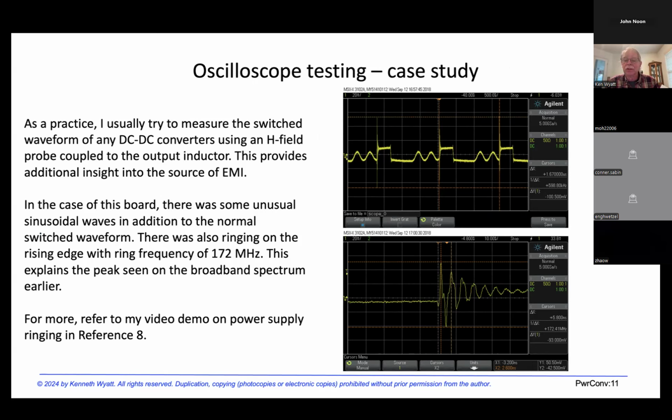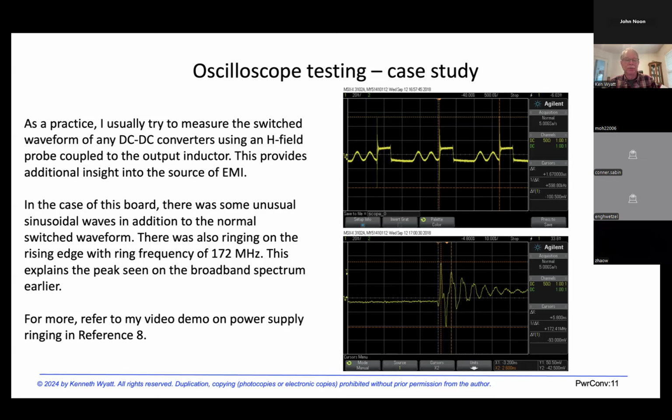But you can see once you expand that leading edge, there is a ring frequency there. And in this case, it's a 172 megahertz ring. And what's interesting is that ringing can create a harmonic in the frequency spectrum. And I'll show you that here in a moment.